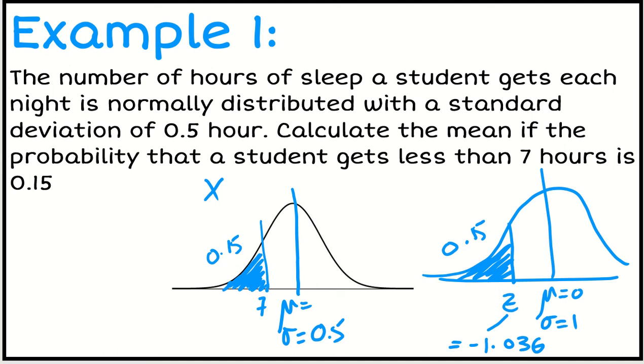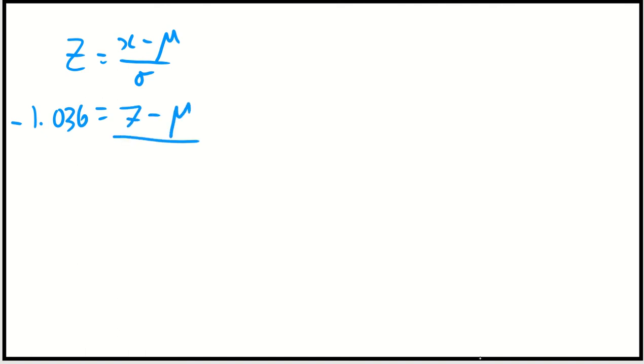So that's going to give me this Z value there of negative 1.036. Okay, so now I'm going to use all of that information and my formula to work out the mean. Z is equal to X minus the mean over my standard deviation. In this case, my Z value is negative 1.036, my X value is 7, I don't know what the mean is yet, and my standard deviation is half an hour.